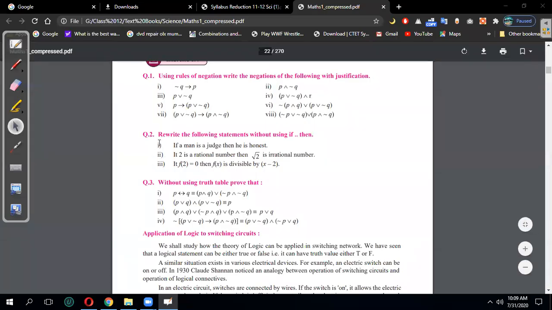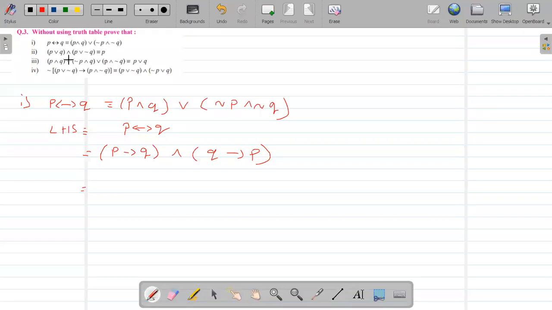In the earlier question, especially question number 2, we saw that whenever there is a single implication, we can directly say P or Q, and negation Q or P, right? Is this clear to you all?